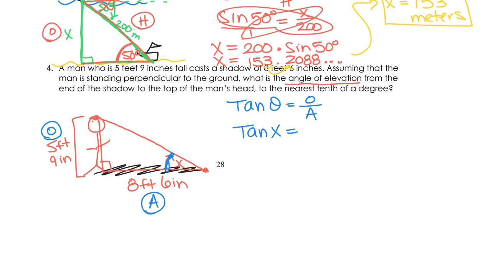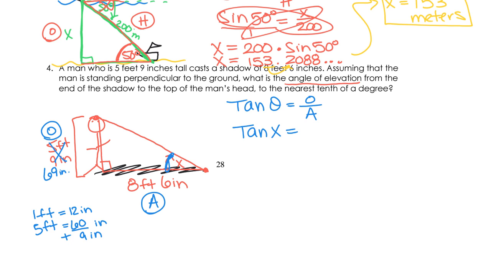What we do is that we say 1 foot is equal to 12 inches, and therefore 5 feet would be equal to how many inches? Basically it's just a multiplier, and so when we do 12 times 5, we end up with 60, plus the 9 inches that he was, because he's 5 feet 9 inches, not just 5 feet, and we are going to change his height to 69 inches.